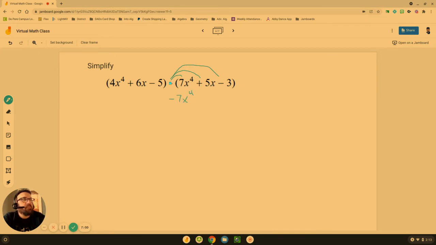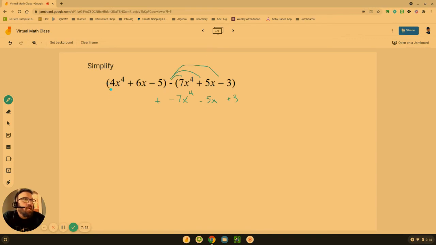Positive 5x times that negative gives me negative 5x. Negative 3 times that negative turns this into a positive 3. Right? And now I'm just going to add that first expression to these, because I distributed the negative sign to everything.